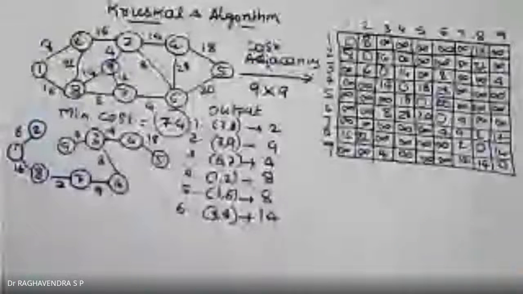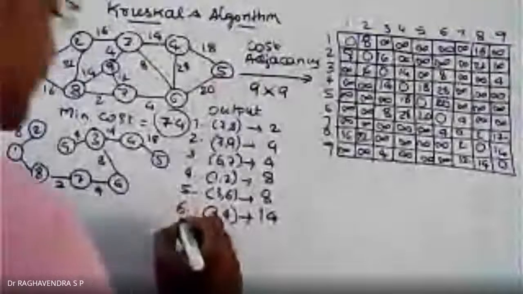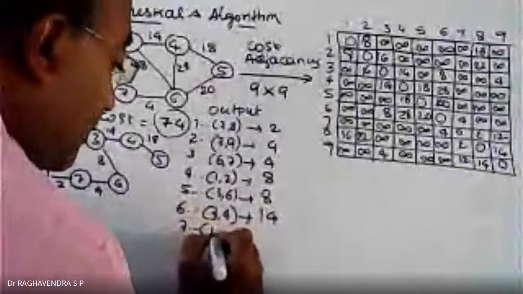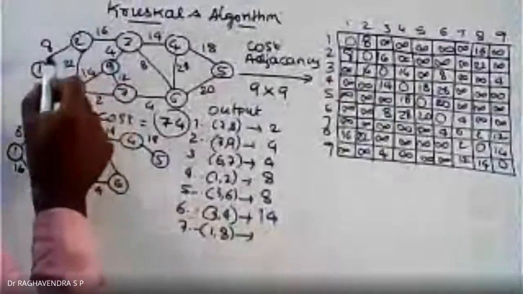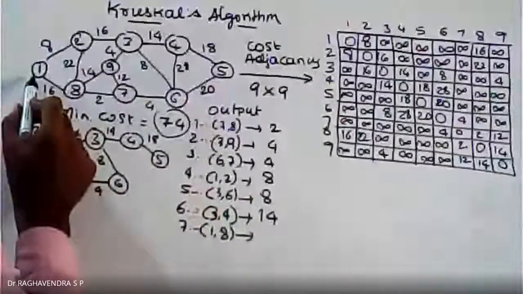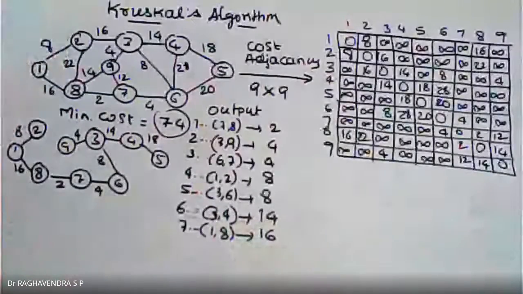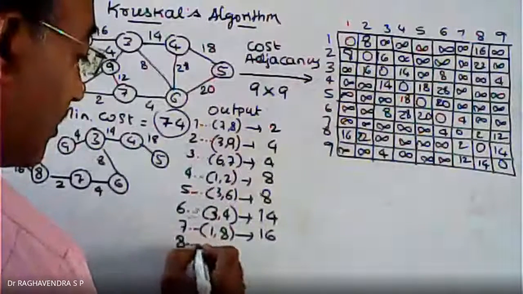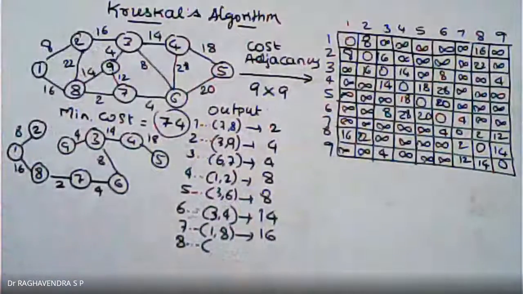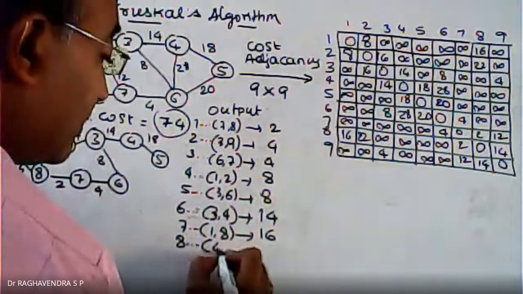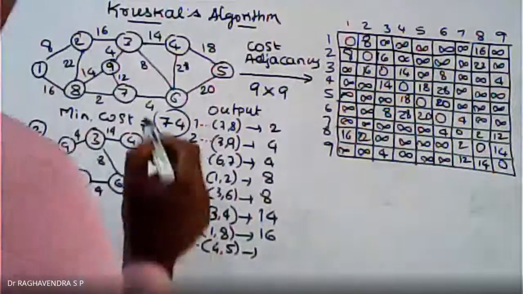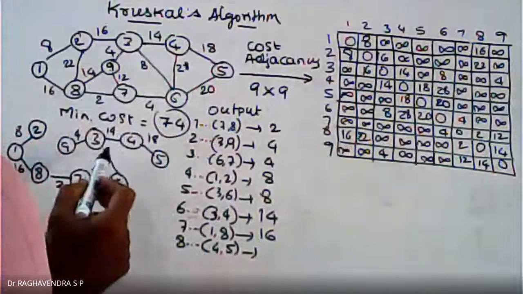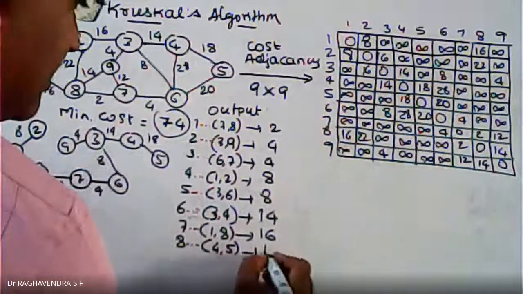Then 1 to 8, 16. Then we have the last one, that is 4 to 5, and the value is 18. So 4 to 5 is 18.